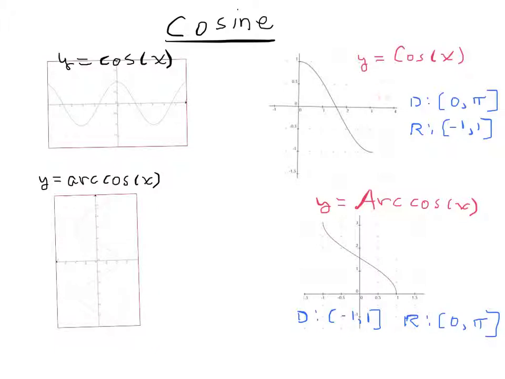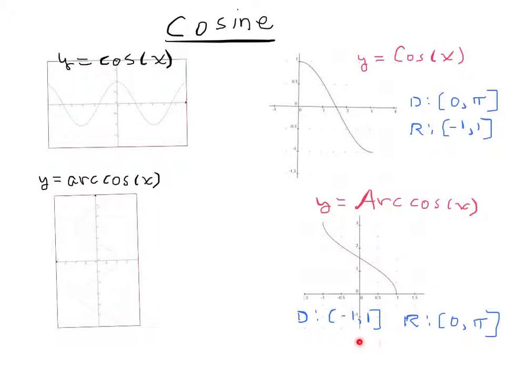Here is the restriction that we make on cosine, and we call this principal cosine. And the restriction is 0 to pi. So we're going from 0 on out to pi, and as we do that, cosine achieves all possible values from 1 to minus 1. And the inverse of principal cosine is arc cosine with a capital A, and it looks like this.